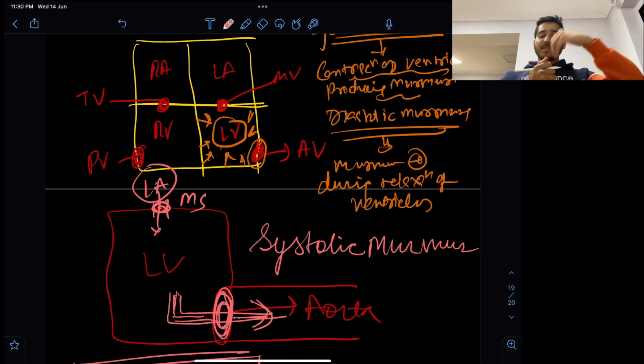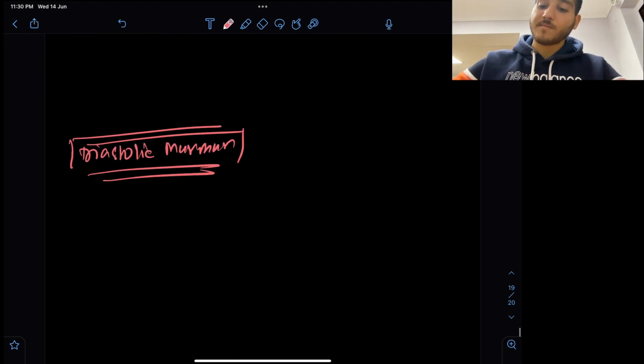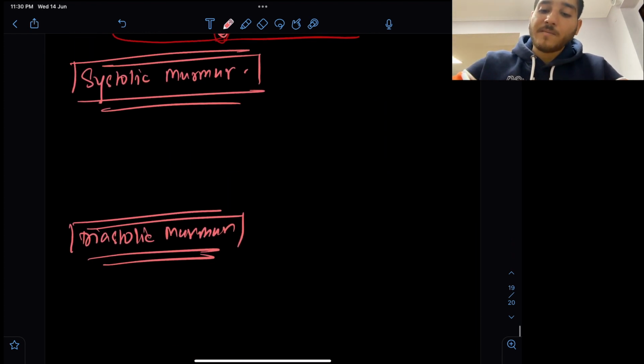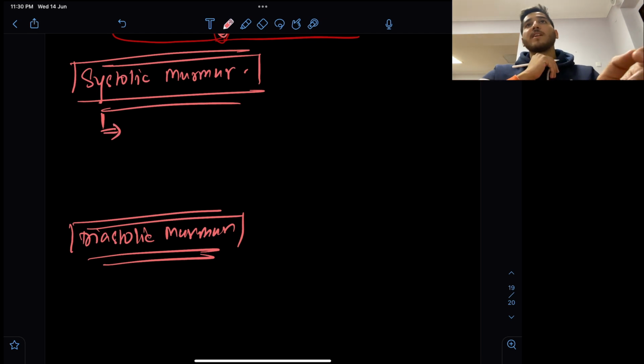So the blood will go with production of some sound, and we call it a diastolic murmur. So any murmur arising during the systole of the ventricle, we call it systolic murmur. Any murmur arising during diastole of the ventricle, we call it diastolic murmur.